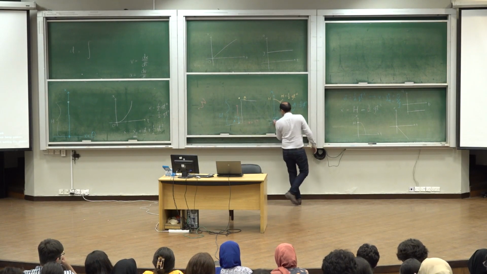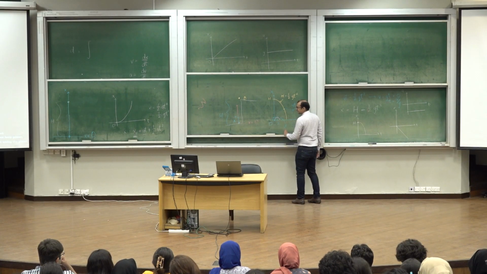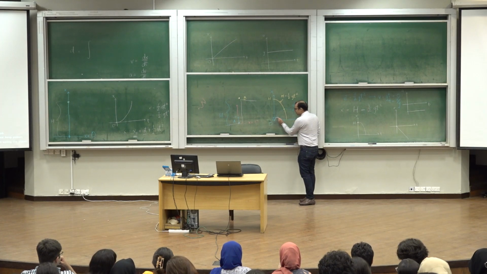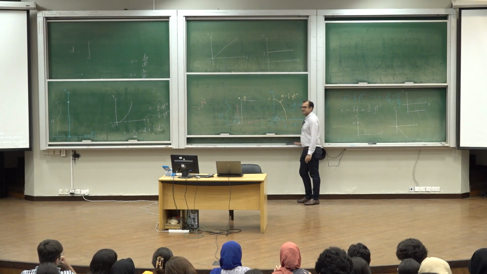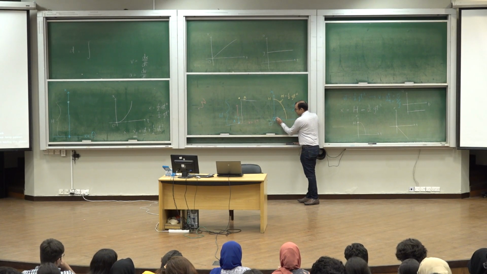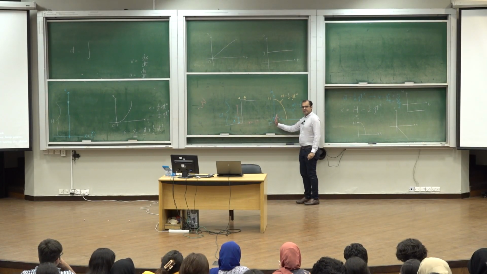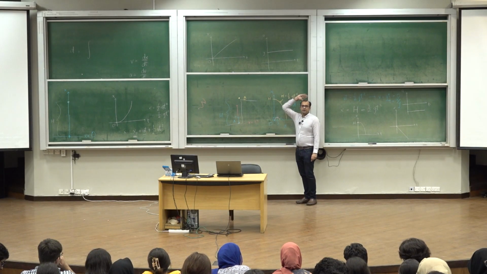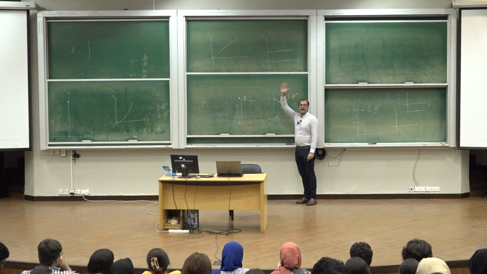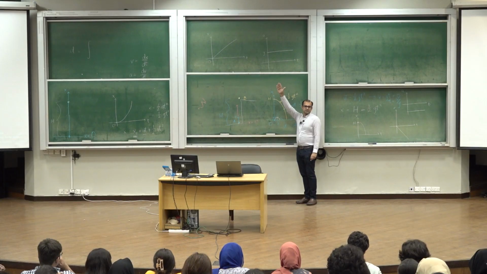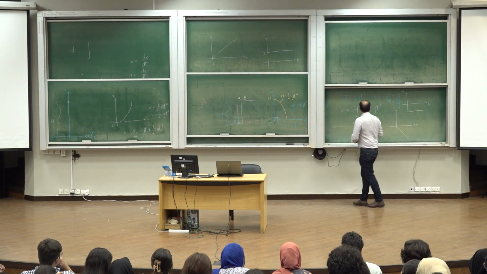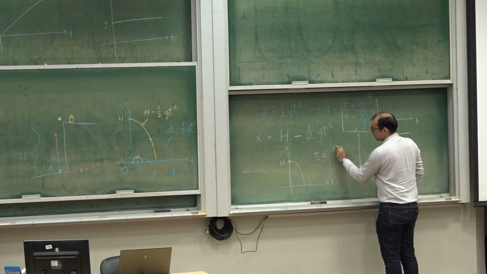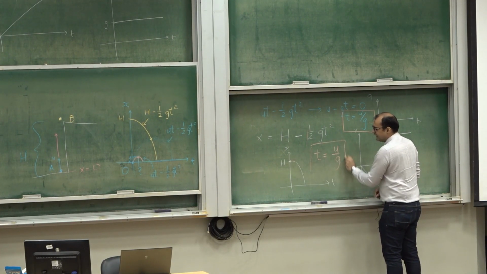Okay, so let me just sketch it very quickly. This is object A. If I've thrown object A with a very small velocity up, for what value of time is object A at the highest point in its trajectory? That time we found to be u over g. And what's the corresponding height?